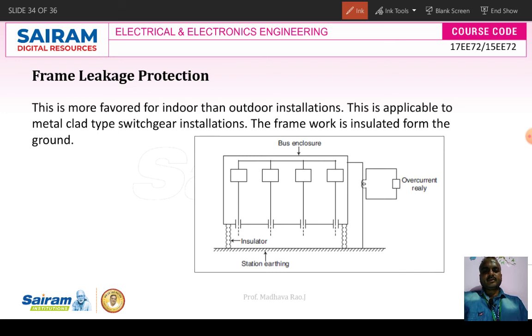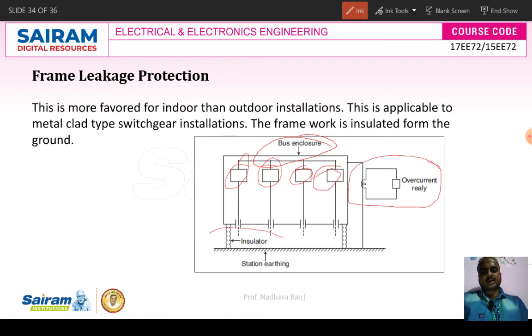So this is a bus enclosure, this is a bus frame. Here we have feeders: feeder 1, feeder 2, feeder 3, feeder 4. Here an overcurrent relay is connected.